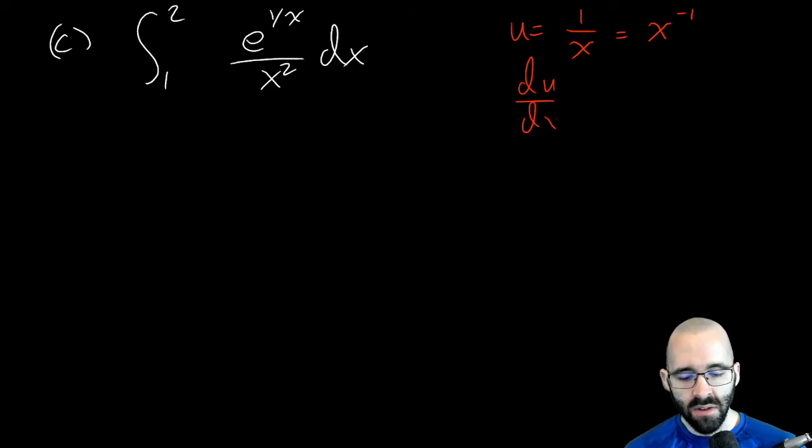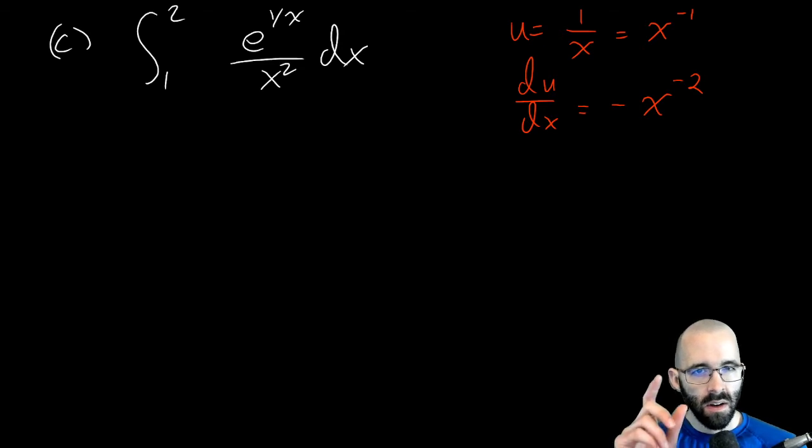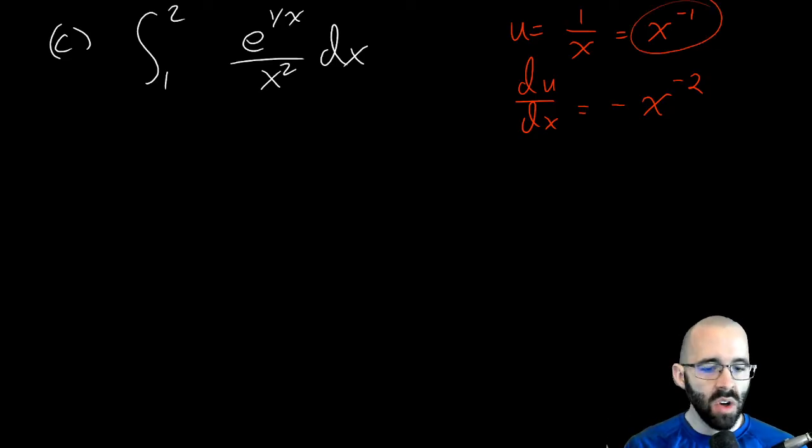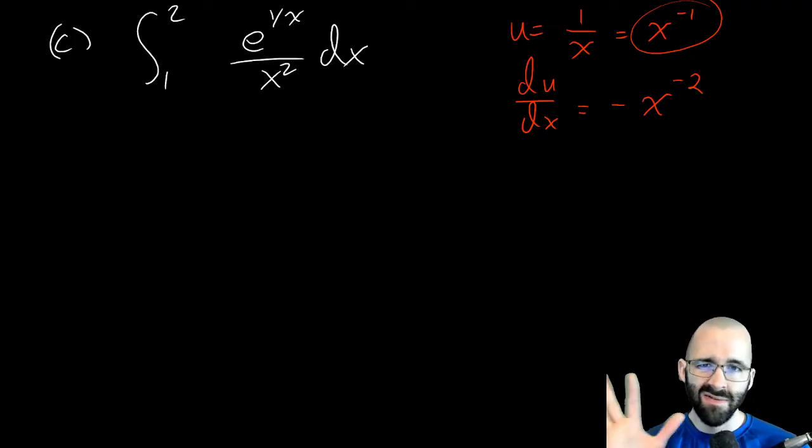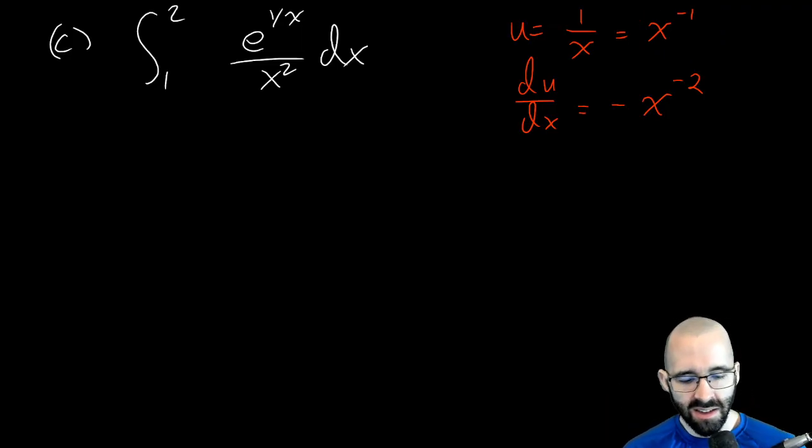Well, then its derivative is just what happens when you apply the power rule. And I said that you have to watch out when the exponent's negative 1, but that's for antiderivatives. The derivative when the exponent is negative 1, no problem. The antiderivative when the exponent's negative 1, that's when you get funny business. So du is just going to be negative 1 over x squared dx.